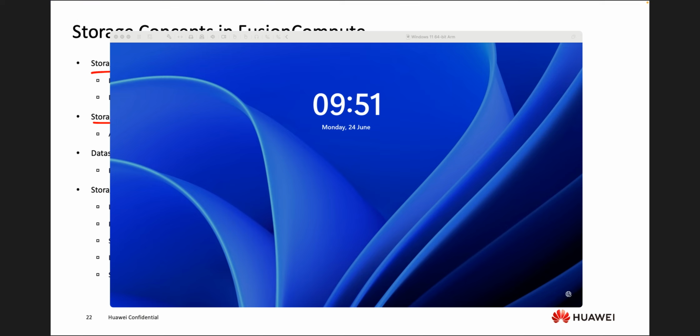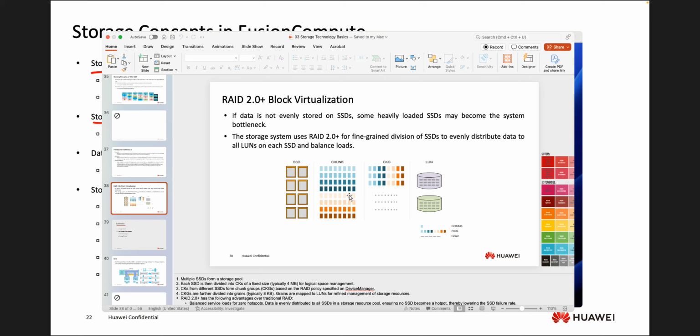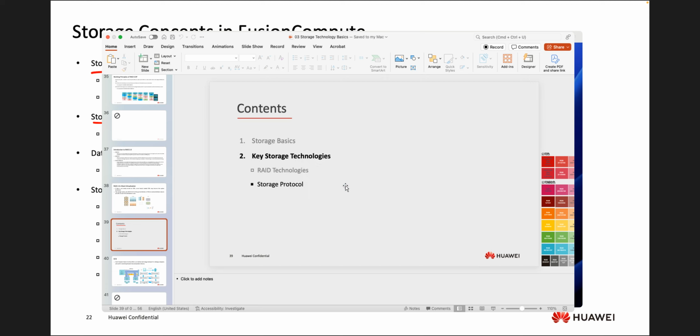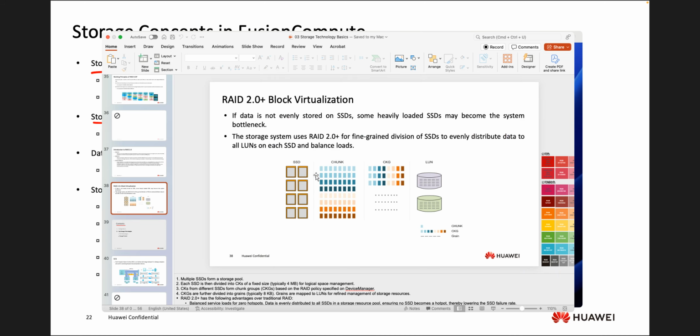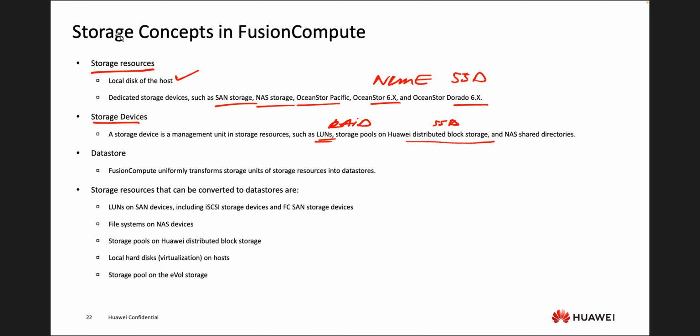And so what happens is that Huawei uses this RAID 2.0, where it's allocated in chunks, right? And that is the way of where we say we have this block virtualization. And so that is what I was trying to speak about with the Huawei distributed block storage, right? That part there. Okay, so you just need to refresh on the previous slide just to get context on where we're at now.